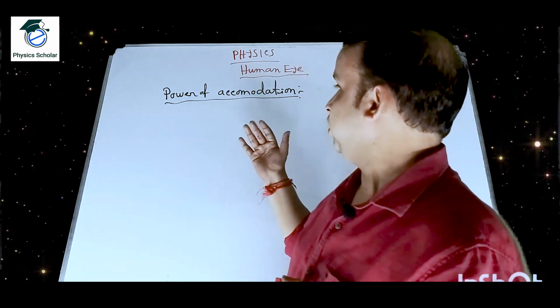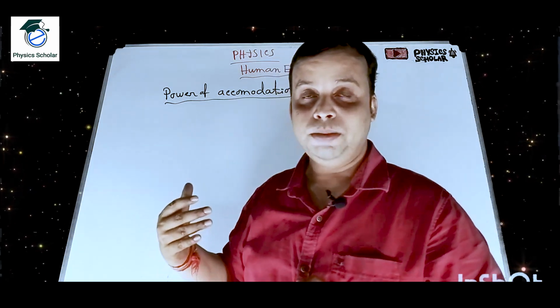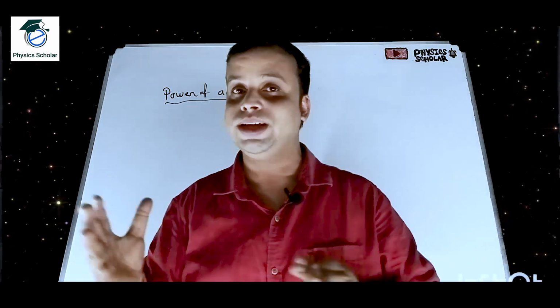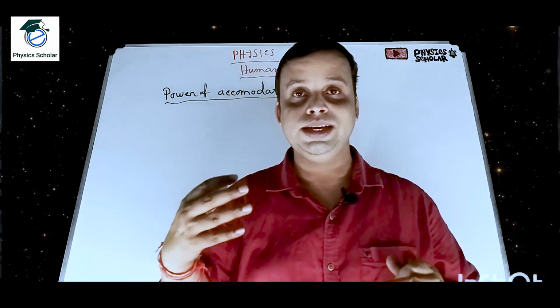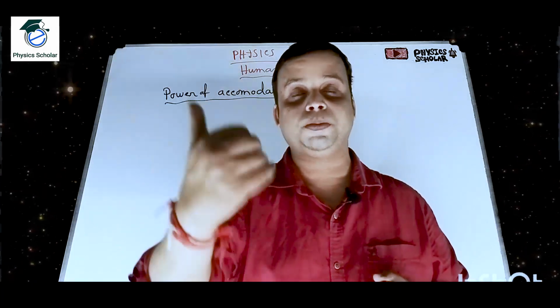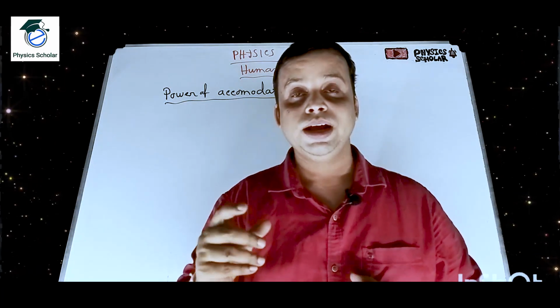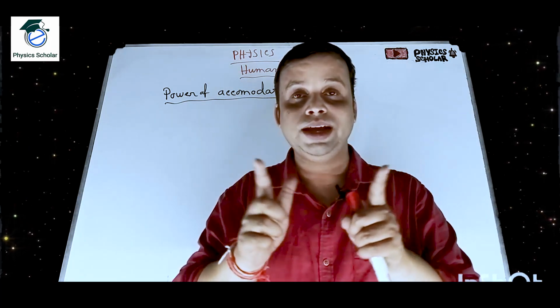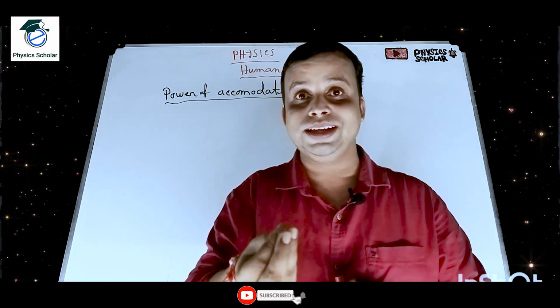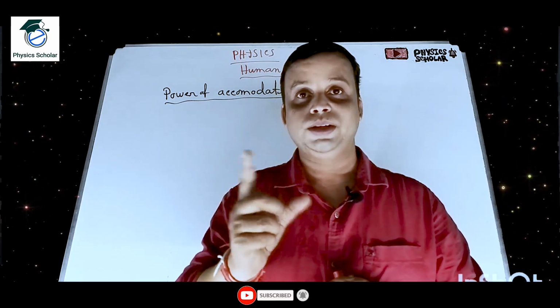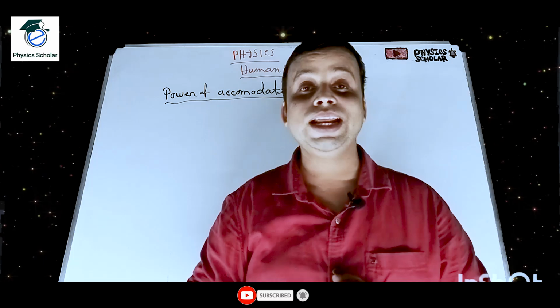Now, what is power of accommodation? When we are looking around, we can see all the things, whether nearby or far. That means the focal length of our eye is adjusted automatically by the movement of the ciliary muscles.